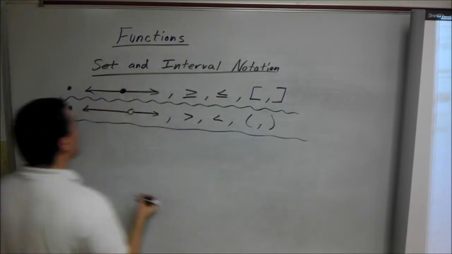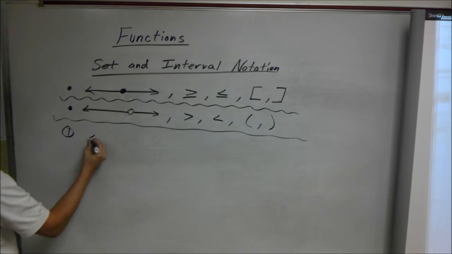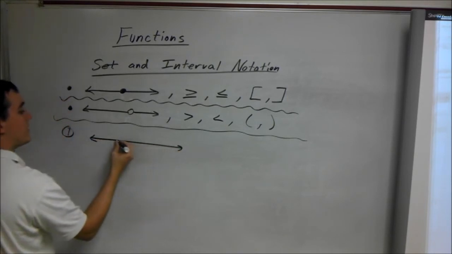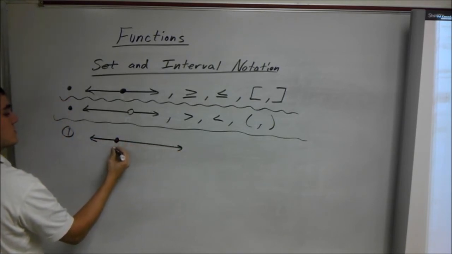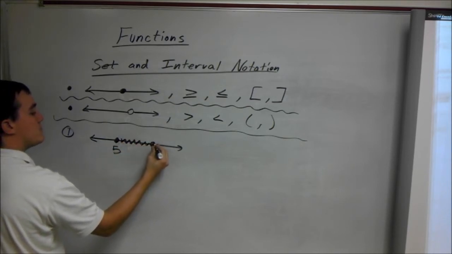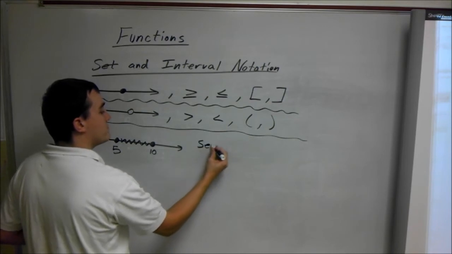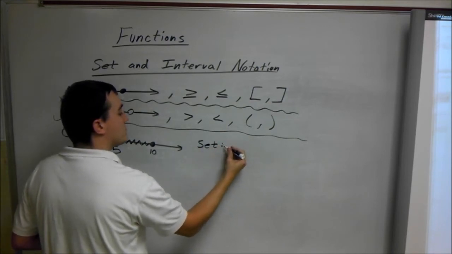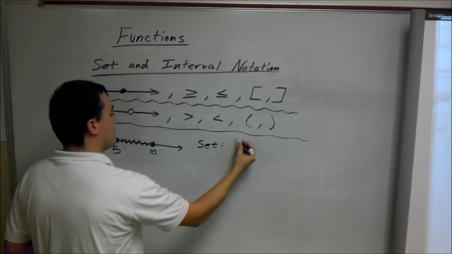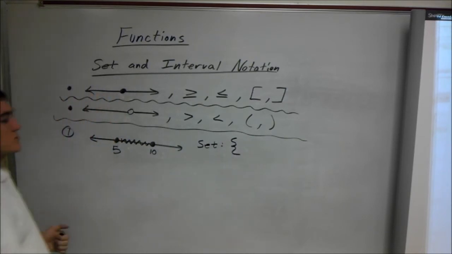So say we had our first example and they just gave us a graph. Say we had a solid circle from 5 to 10. For set notation, we can call this all of our x values.